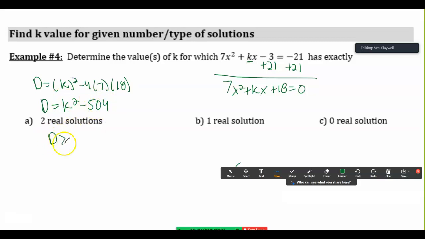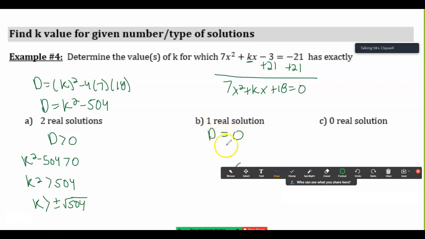So this is my discriminant is greater than 0. I need to take the square root. So I need k to be greater than plus or minus the square root of 5.